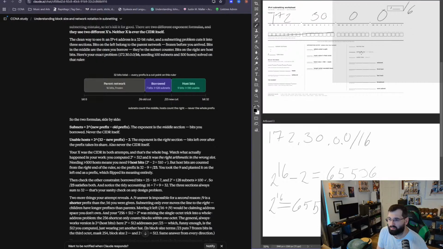32 bits total. Every prefix is a cut point on this ruler. 16 bits frozen. 16/16 would be a clean cut. 8, because 8 and 8 is 16.